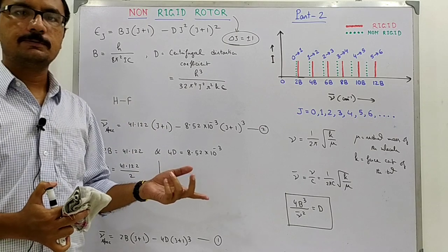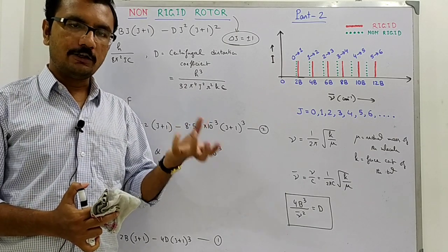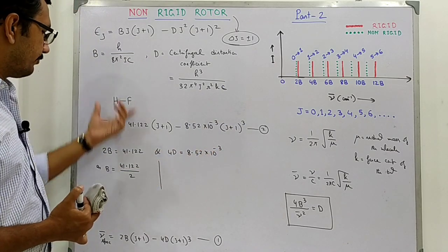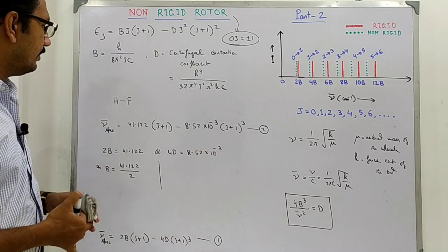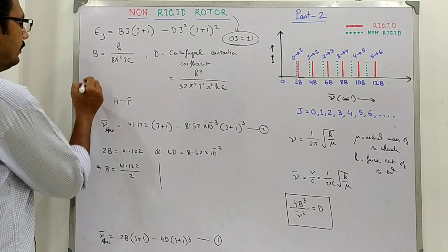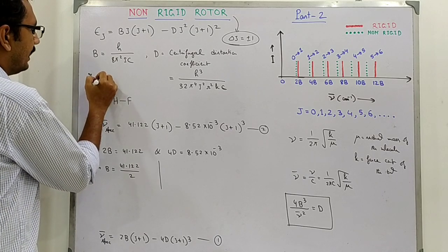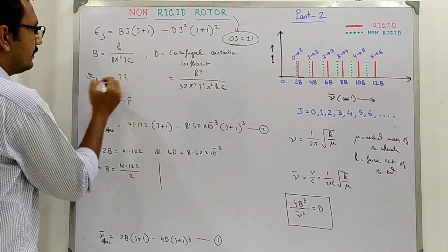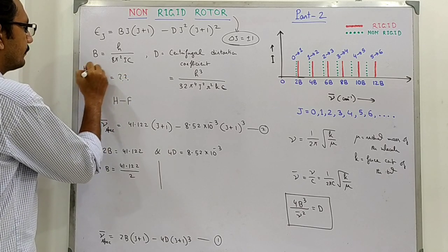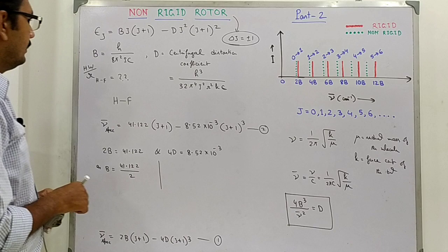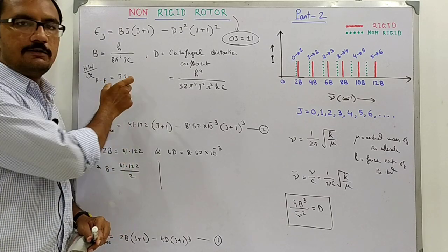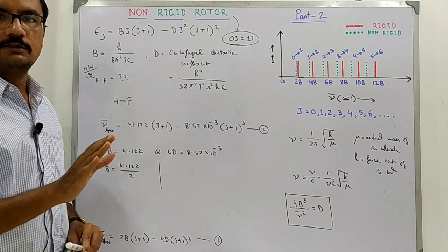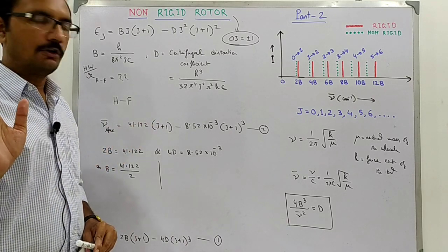Watch that video, try to adopt that technique, practice it and apply that knowledge to this problem and find the value of the bond length of the molecule HF. So, this is your homework. After obtaining this, please post it in the comment section of this video. I will check whether you are correct or wrong.